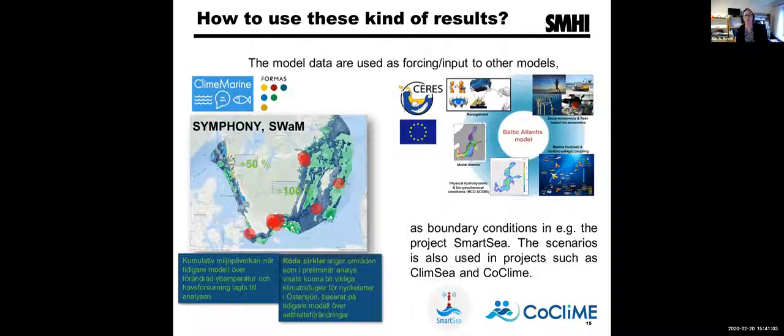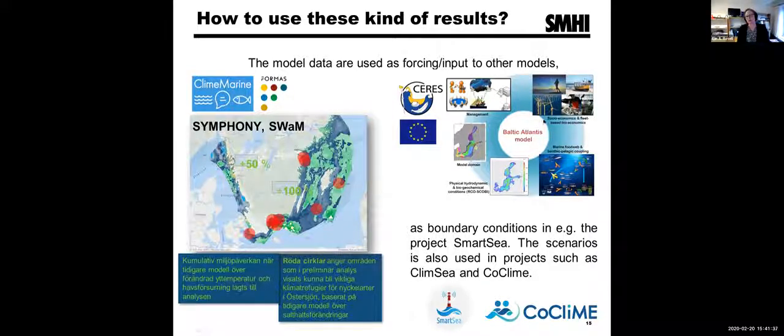I hope I have time to show you how we can use these kinds of models and how they have been used. So these climate scenario models for the physical parts are used in Climarine, for example, a project funded by Formas, which we have together with SWAM, and where we are working on the Symphony model, including these climate projections, looking at the cumulative environmental effects.